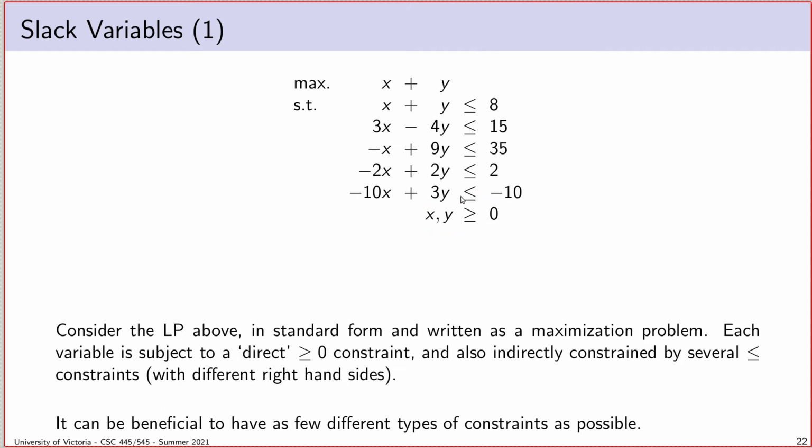I want to go a step further. I want to write the LP in a form, by adding more variables, where there is only one type of inequality, and it is this one. The only actual inequality constraint in the LP ends up being that every variable is non-negative. So I'm going to introduce a bunch of extra variables to essentially absorb the extra information embodied by this less than or equal to sign.